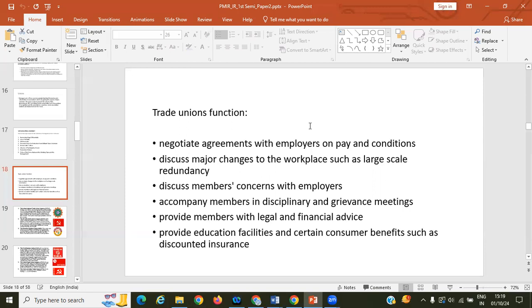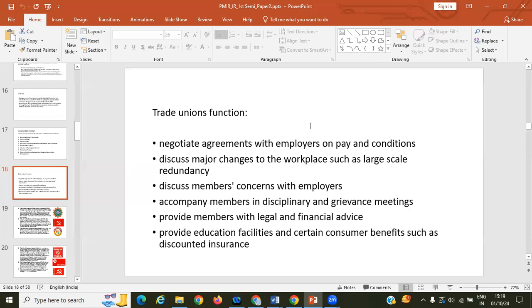Provide education facilities and certain consumer benefits such as discounted insurance. Suppose you are working in an organization and you need health insurance or family insurance. The union arranges who is giving good insurance, good coverage with low premium, and who is giving a good discount.